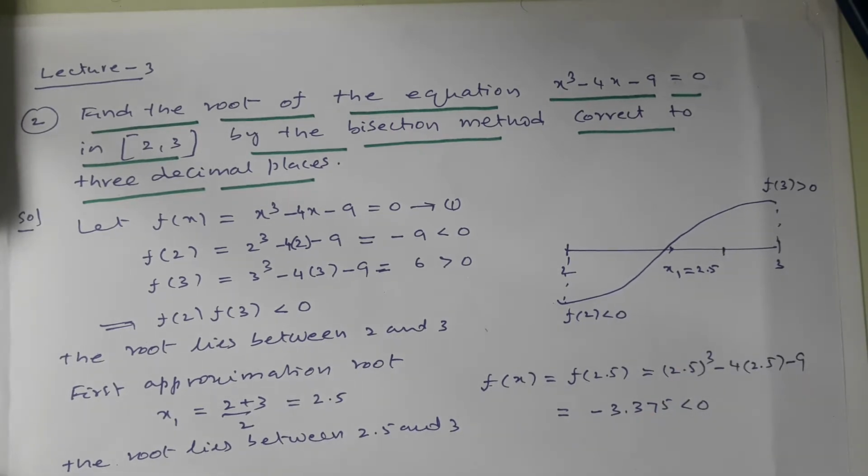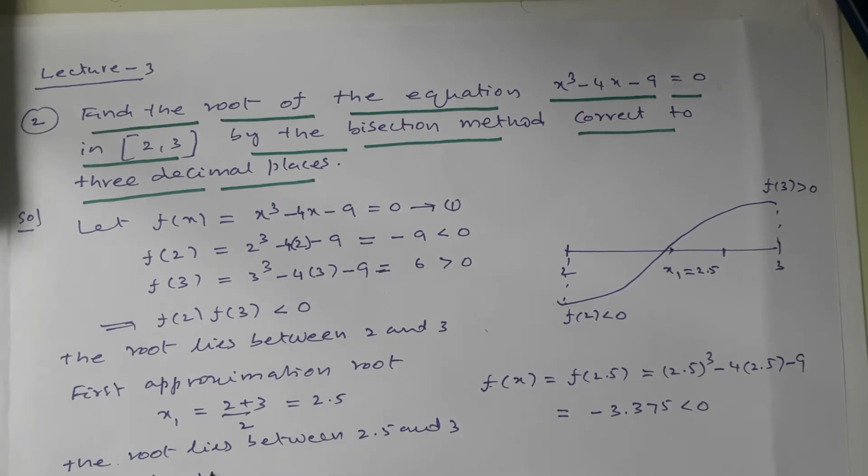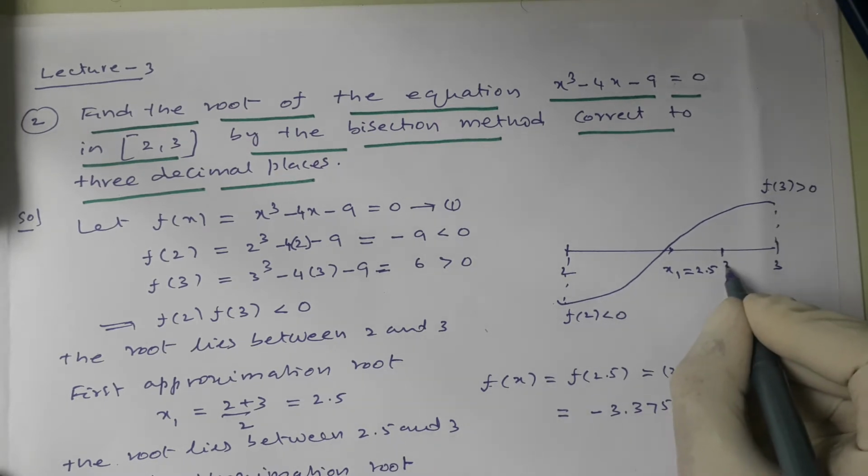Next, second approximation root. x2 is equal to 2.5, to the right side, plus 3 divided by 2, which is equal to 2.75. So now this is x2.